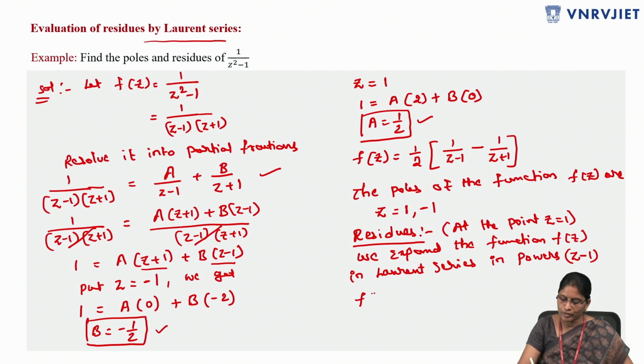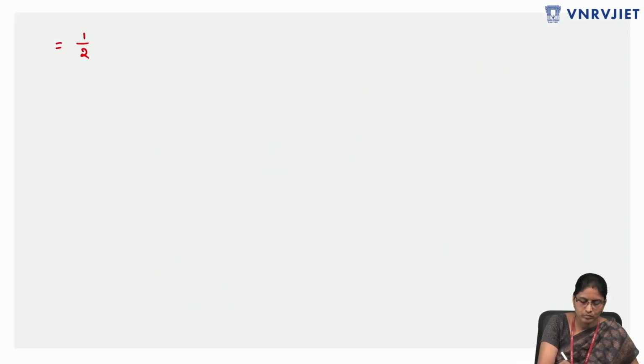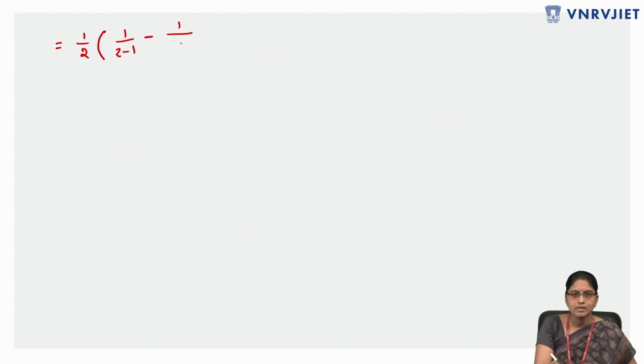First we have to note down the function here for this expansion. f of z is equal to 1 by 2 into 1 by z minus 1 minus 1 by z plus 1. But we have to expand this in powers of z minus 1.